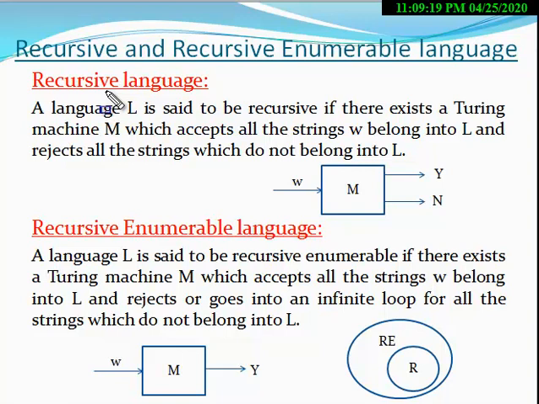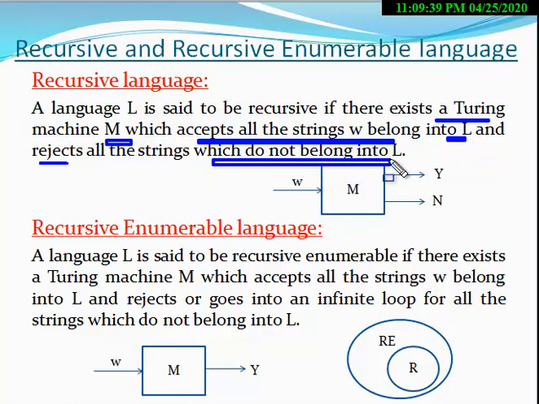A language L is said to be recursive if there exists a Turing machine M which accepts all the strings W belonging to L and rejects all the strings which do not belong to L. Right?